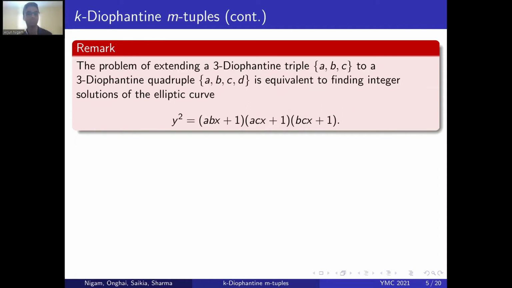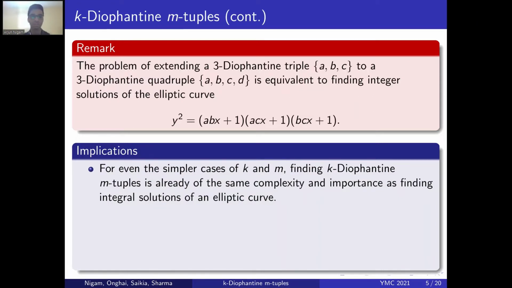Extending a 3-Diophantine triple to a 3-Diophantine quadruple is equivalent to finding integral solutions of the elliptic curve y squared equals (abx+1)(acx+1)(bcx+1).